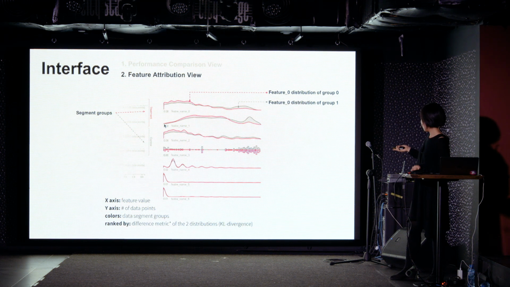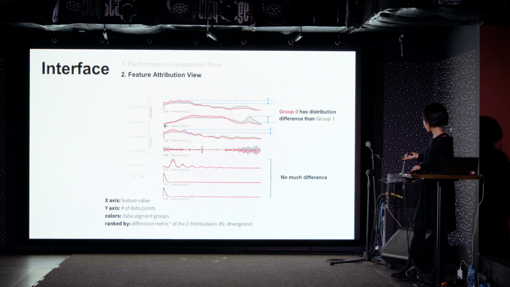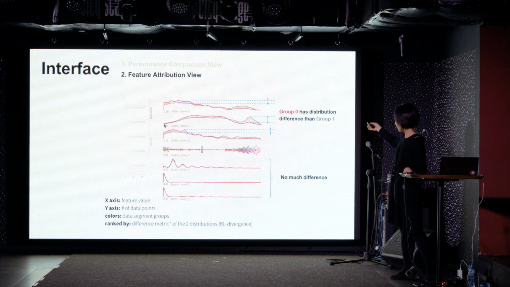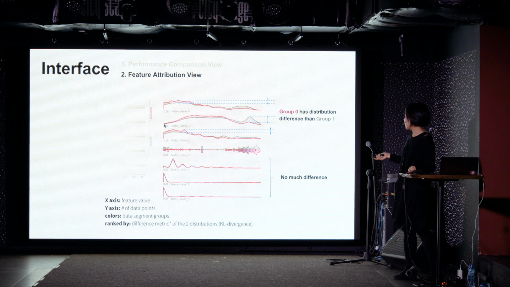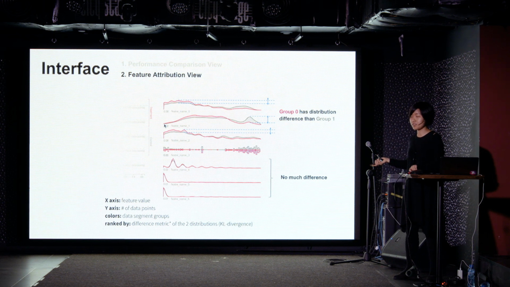What this image tells us is that for the top 3 features, there's some offset between the pink distribution and the gray distribution, which means group 0 has a distribution difference from group 1. However, for the bottom 3 features, there's not much difference since these two curves are on top of each other.